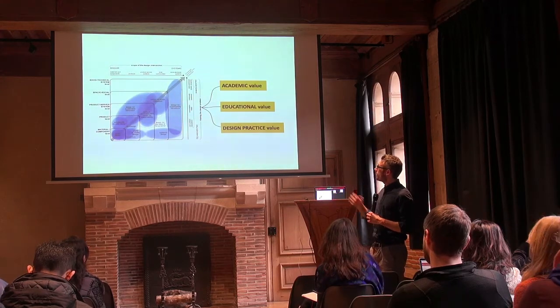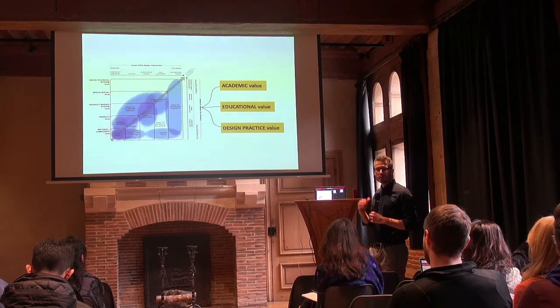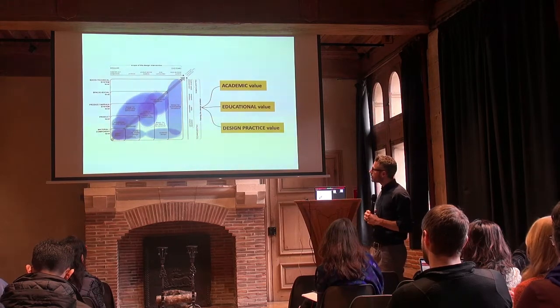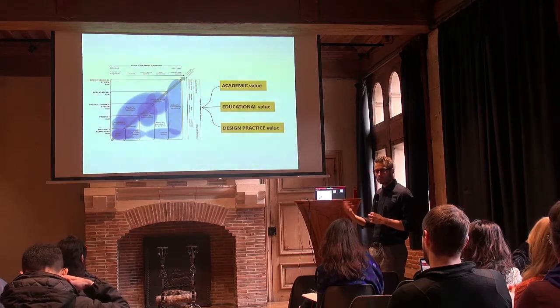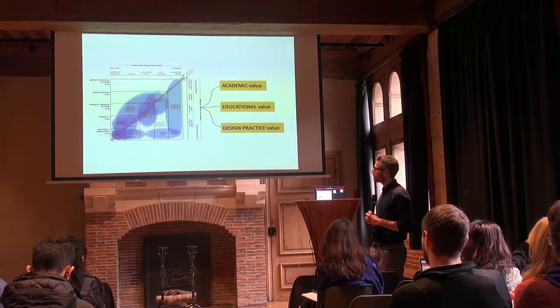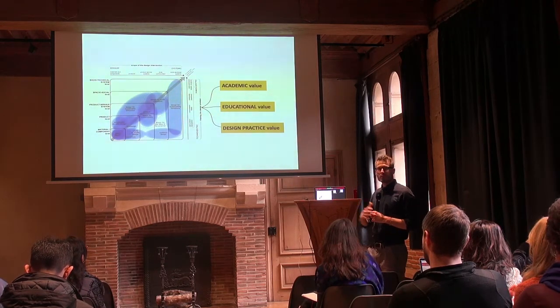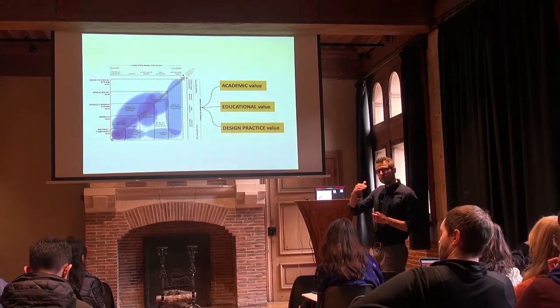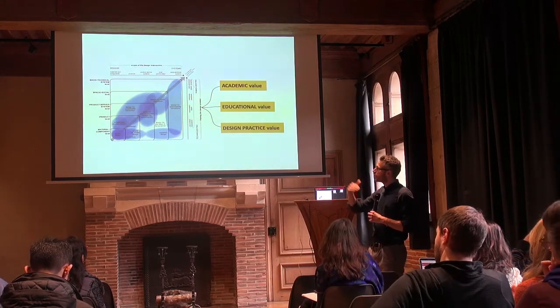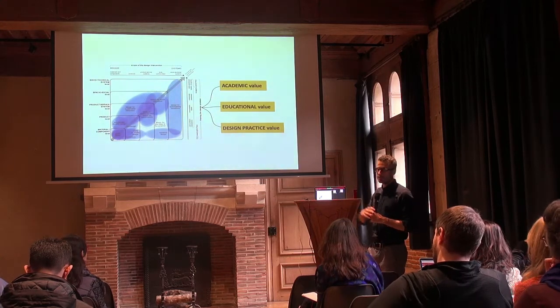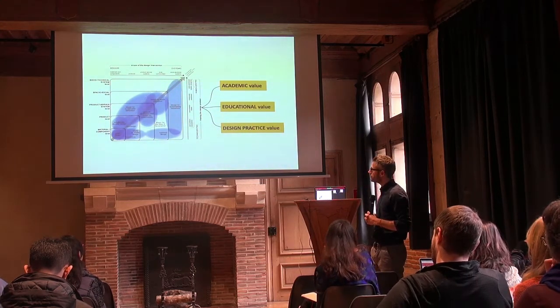At the educational level, it can probably also be used to communicate to students the complexity and richness of design for sustainability. But also potentially to plan sustainability programs, for example, to understand at what stage of the program we can teach different aspects of design for sustainability.